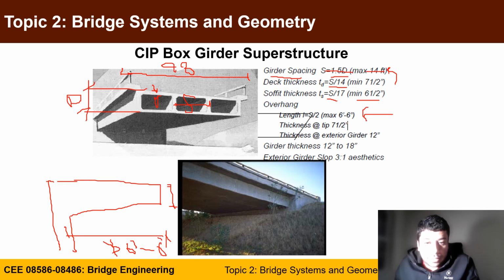The depth at the tip should be at least 7.5 inches, and at the exterior girder, the depth should be at least 12 inches, 1 foot. And the girder thicknesses, exterior or interior, can range from 12 to 18 inches.